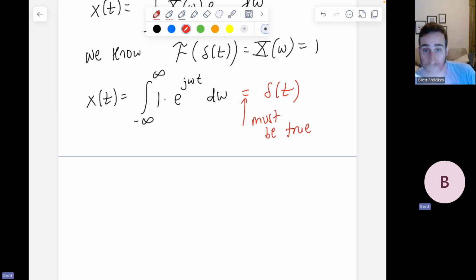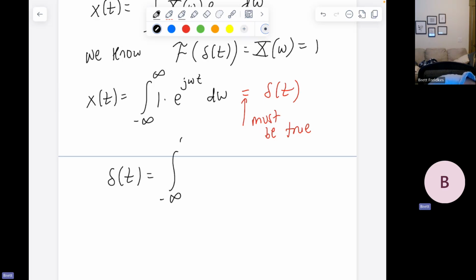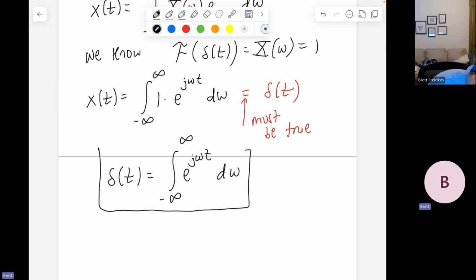So if I do the inverse of it, I better get the Dirac-Delta function. So what that means is the Dirac-Delta function is equivalent to the integral of e to the j omega t d omega. Is what that is telling us.